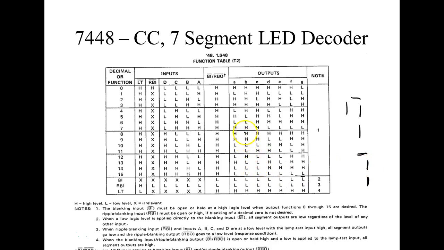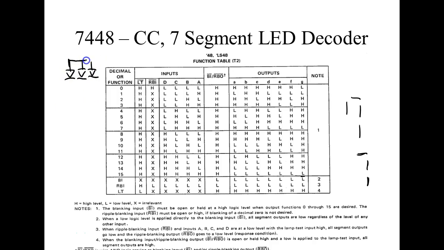So it should be doing the same thing. So the low displays and the high is turned off. Yes. Because this is a common anode driver. So a common anode driver means a common anode display. All the anodes are connected together, right?